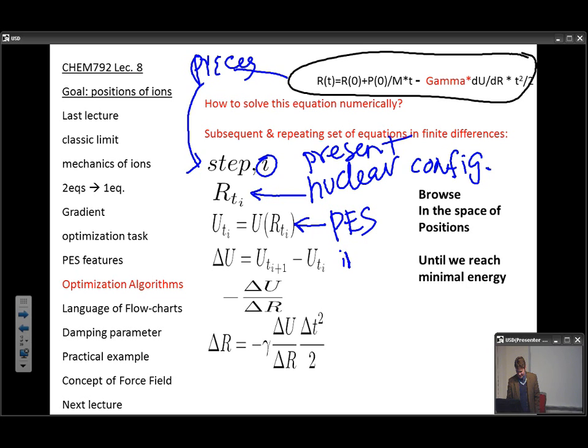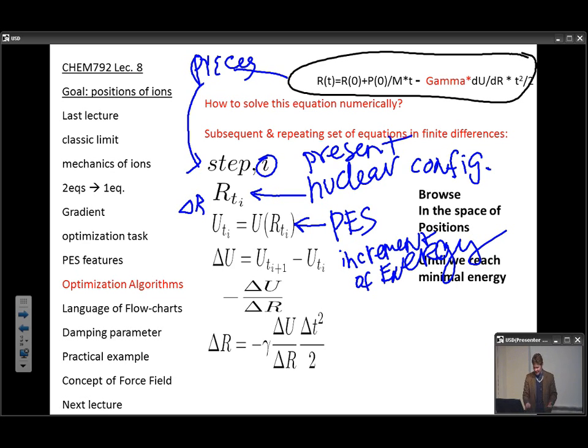Then we need to know the increment of energy, comparing the present value and the value that was before, or the next value. I missed delta R, just the increment of position, and then we do a simple step.